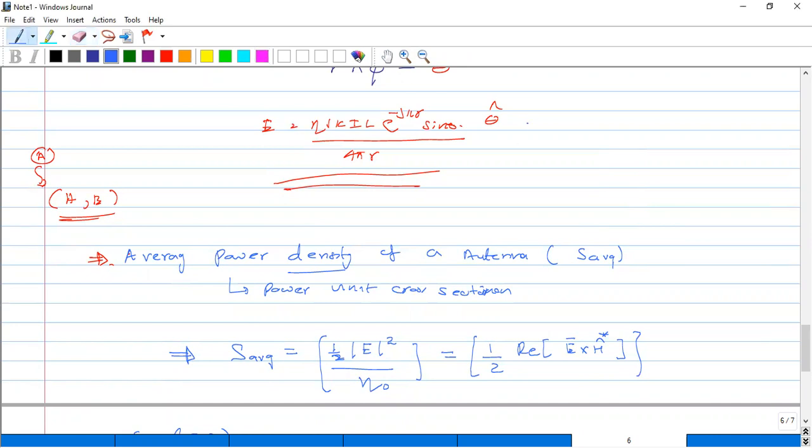Because you already know that if you have a mass, and you are using force F to move it, and you move it a distance L, then the total work done is equal to F into L. So this is the energy, that is measured in Joules. So F is a vector and L is not a vector, it is a scalar.